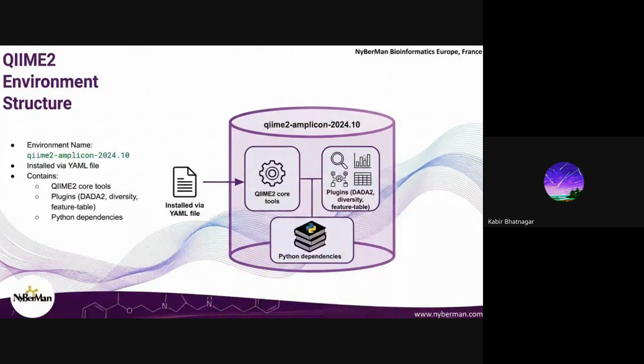You need to have everything predefined and whatever is required already set up, so that you know what you have to use and how to put it in and use it. This is how the QIIME2 environment structure works. Then we can just use these plugins that we have installed, and we'll move on to the step of analyzing using a command.